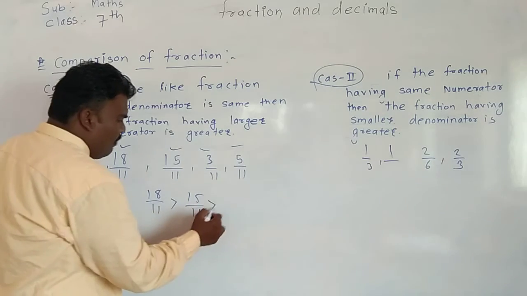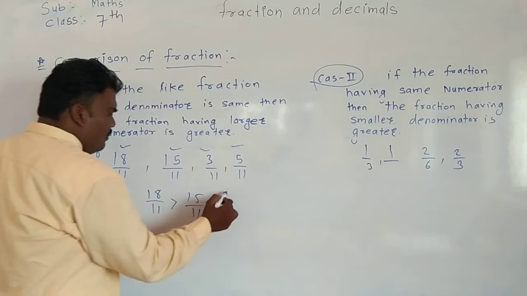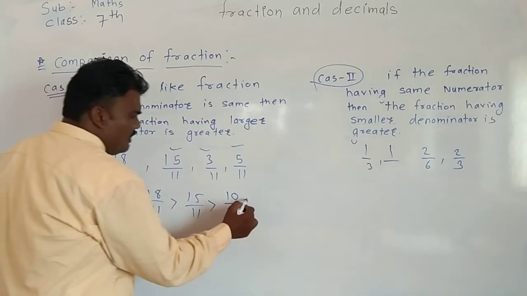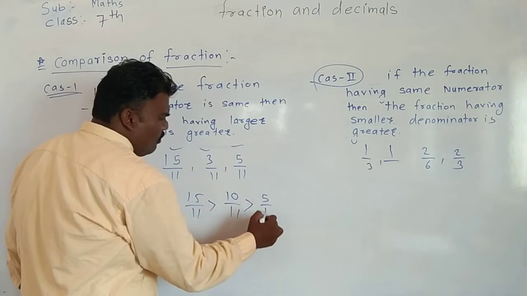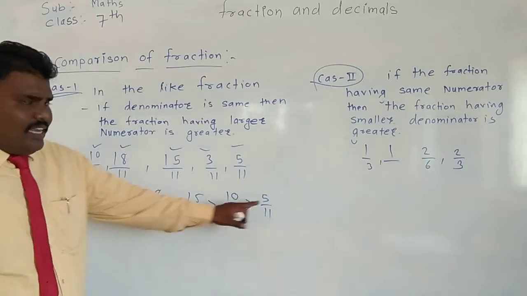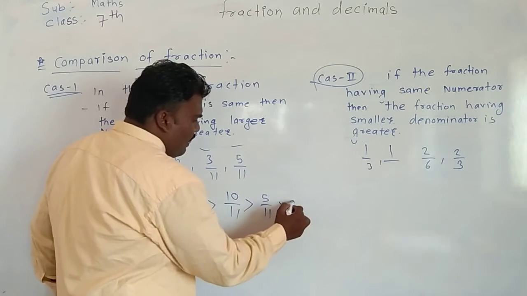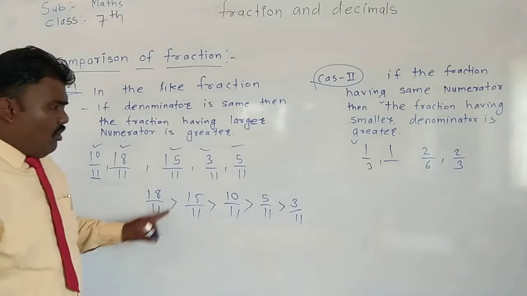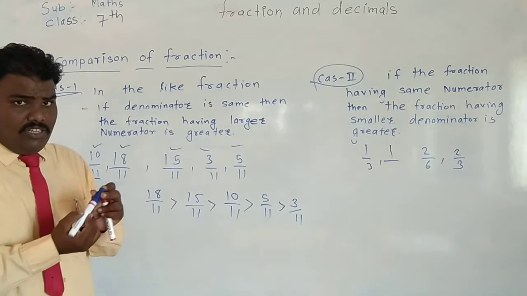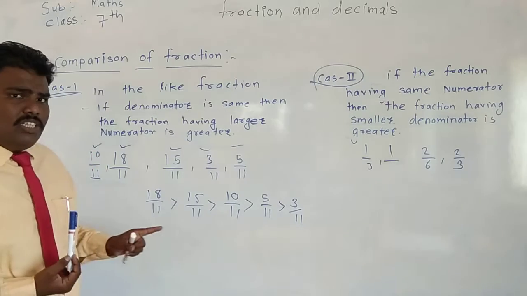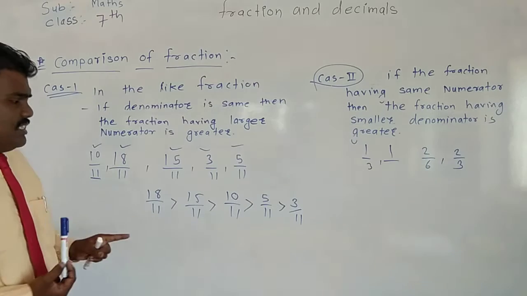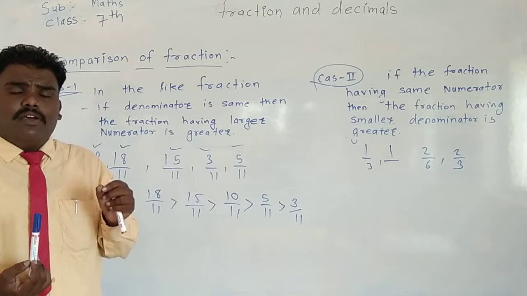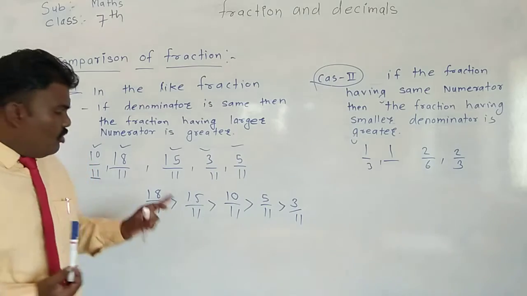So 15 by 11 is greater than 10 by 11, and 10 by 11 is greater than 5 by 11, and 5 by 11 is greater than 3 by 11. Why? Because all are like fractions. In these cases, the numerator plays a very important role.